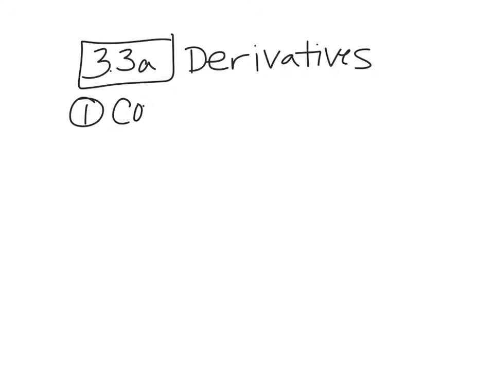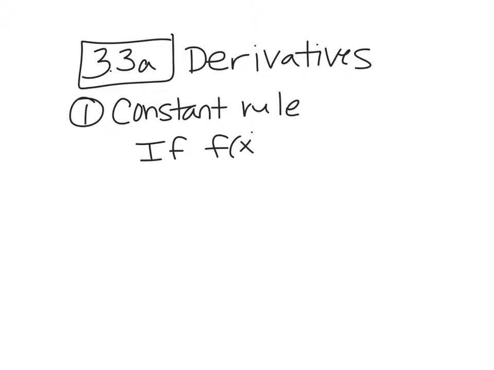First of all, there's a constant rule. Here's the constant rule. It says if f of x is equal to some constant c, then f prime of x equals, what is the slope of a tangent of y equals a constant? 0.